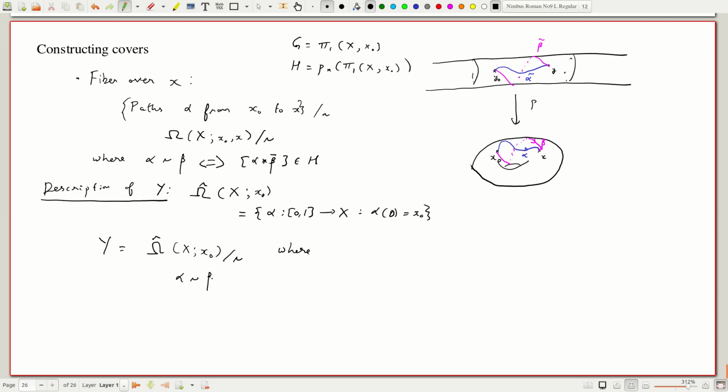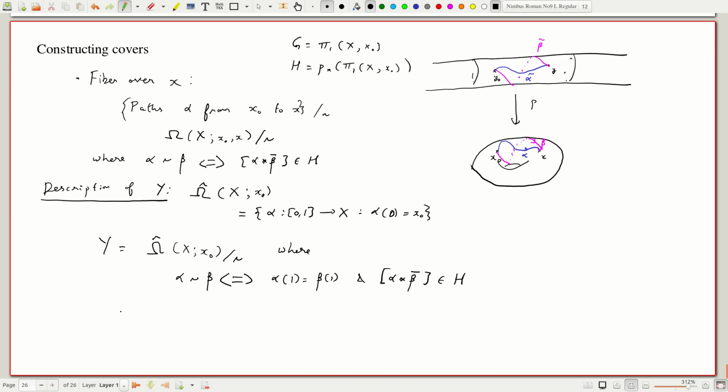Alpha is equivalent to beta if, first of all, they have the same endpoint, so they are in the fiber over the same point, and, in many programming languages, you'll put an 'and' to emphasize, the second part is defined only if the first part holds. So if alpha of 1 is equal to beta of 1, alpha star beta bar is a loop, and it's a loop based at x naught. So this belongs to H.